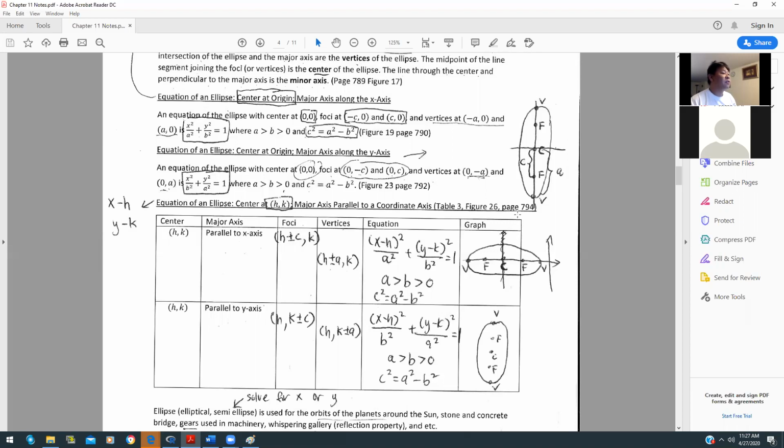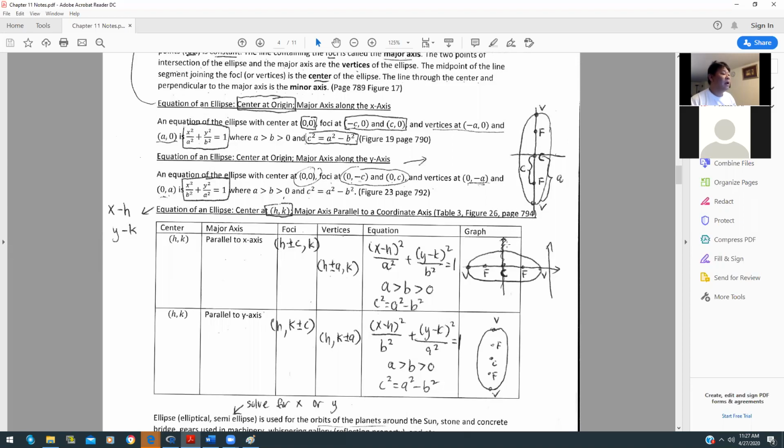So I just want to point out to you that if you have an ellipse that goes parallel to the x-axis, the distance from the center to the foci is C. The center to the vertices is A, and the center to the up one is B. And this is where the equation of the ellipses are.